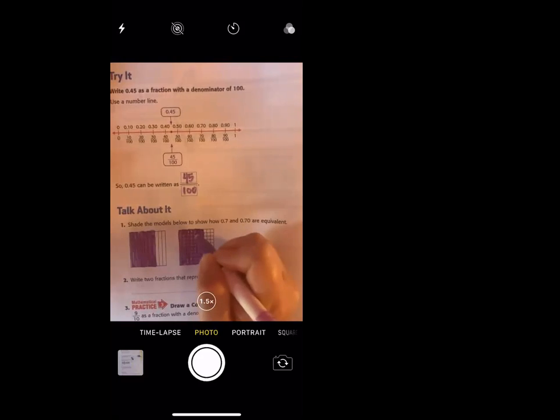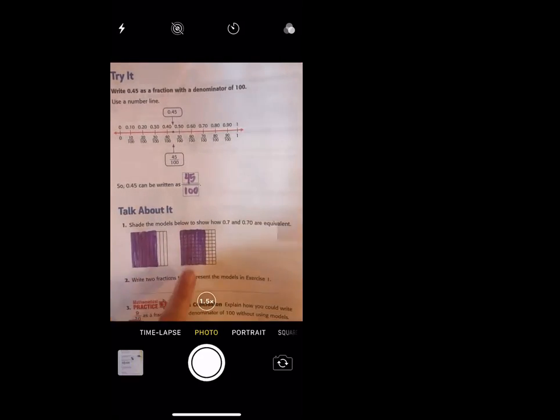And when I look here, in the first model, I shaded 7 out of 10. And here I also shaded 7 columns, which are 10 hundredths in each one. So that means that 7/10 and 70 hundredths are equivalent.